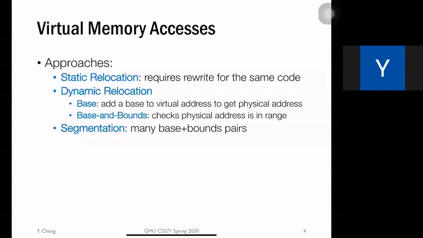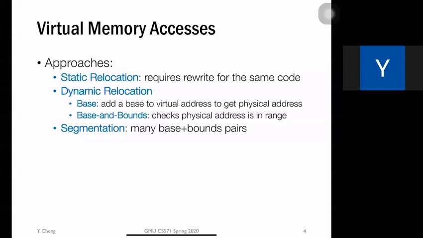So whenever the program performs a memory access operation, the operating system at runtime will always check whether the calculated physical address falls into the legal range defined by the base and bounds values. So these are the two different variants of the dynamic relocation approach.